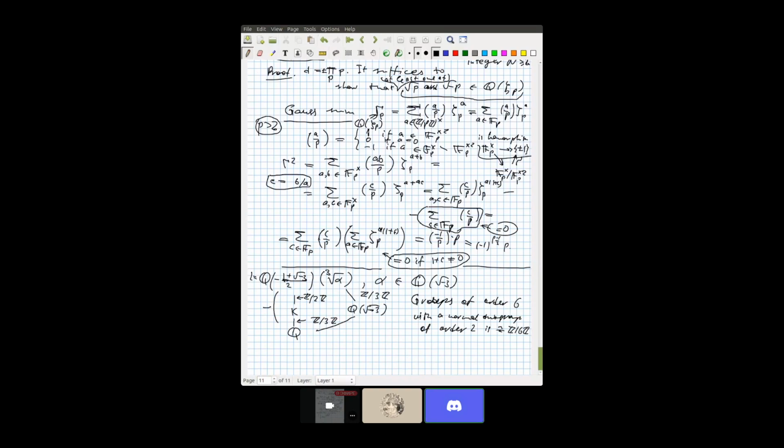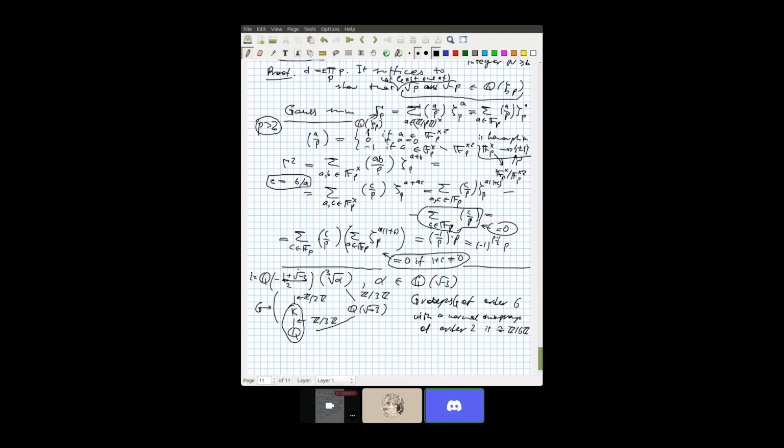This one, maybe called G. So it is of order 6, of course, because this is a degree 2 extension and this is a degree 3 extension. And all intermediate subfields correspond to certain subgroups, but we want this extension to be normal.